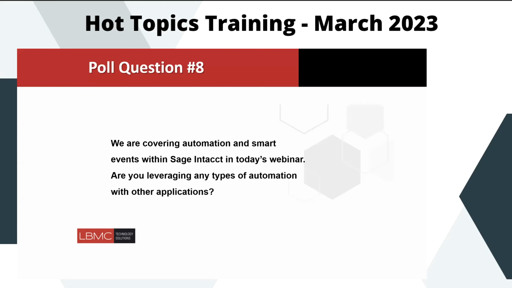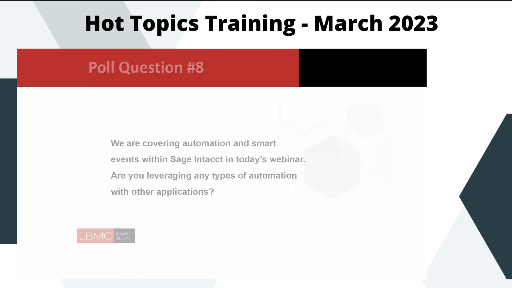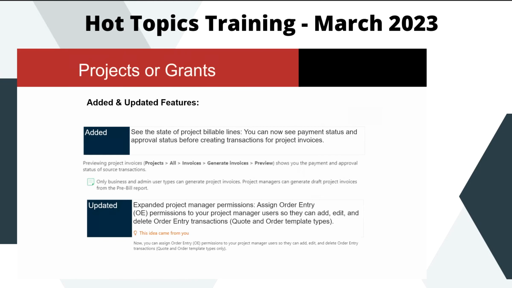One of the next modules that were updated in Sage Intacct is both project and grants. And you can see that what's been added is the state of project billable lines. You can now see your payment status and your approval status before creating any transaction on that project invoice.